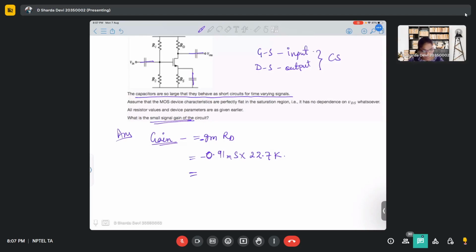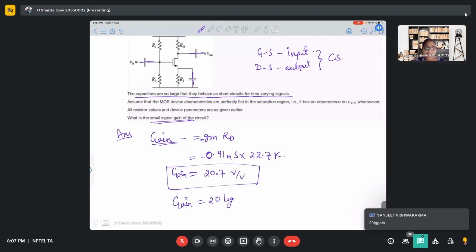Gain of around 20.7, right? It is volt by volt. So what will be the value of gain in dBs? How will we calculate the gain in dBs? 20 log of the answer. Is it log base 10 or log base e?